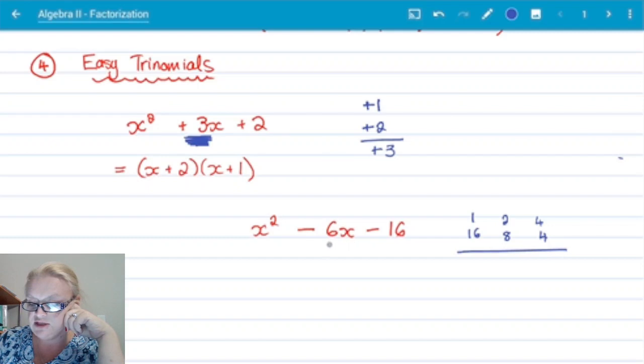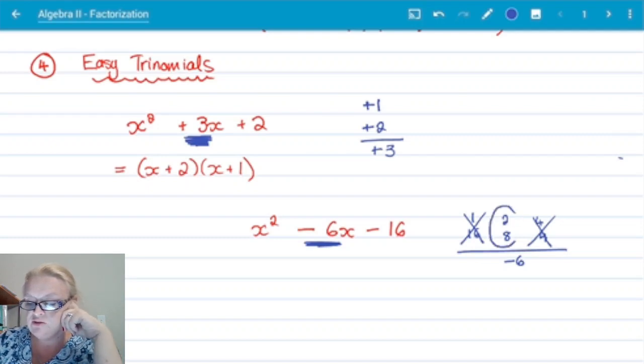Which of these combinations would give me an answer of negative 6? Does 1 and 16 work to give you a negative 6? Nope. How about 4 and 4? Would that work to give you a negative 6? Nope. But 2 and 8 will work to give a negative 6.